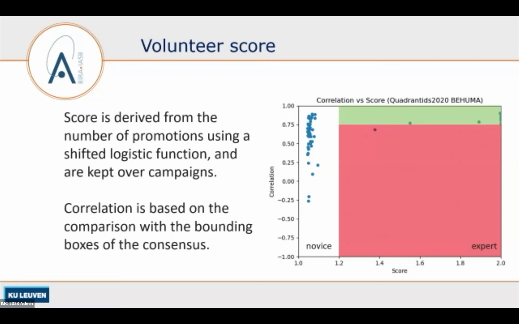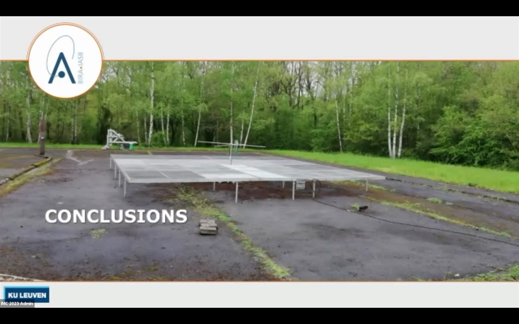If you look at the green area, these are the volunteers who have experience. There we see that most of them have a very high correlation of more than 0.75, although there is one with a correlation slightly below the threshold, so somehow he slipped through.